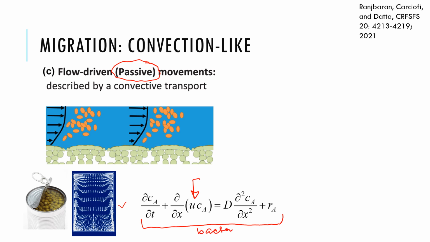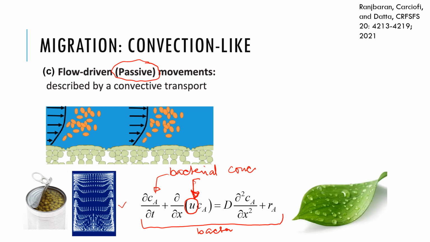In other words, the concentration here is bacterial concentration. So this equation has to do with just the bacteria as a species. So that was passive movement. Another situation that can be considered as a directed movement using the velocity term in the transport equation is the chemotactic movement, where the bacteria moves due to stimuli.